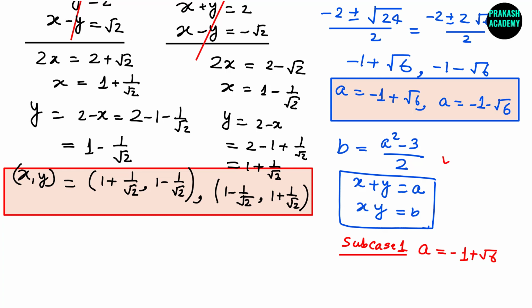Then you find the value of b and then you find the value of x and y. Similarly, you will have sub case 2, where you have a is equal to minus 1 minus root 6. Then you again follow the same steps. You calculate the value of b and then you calculate the value of x and y.